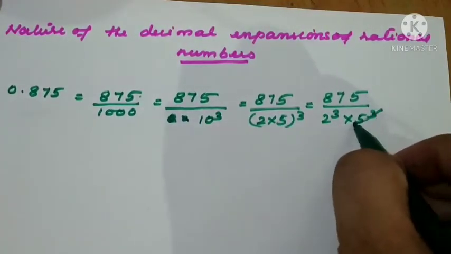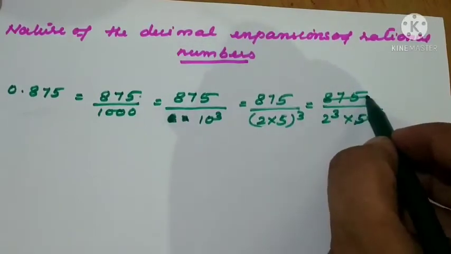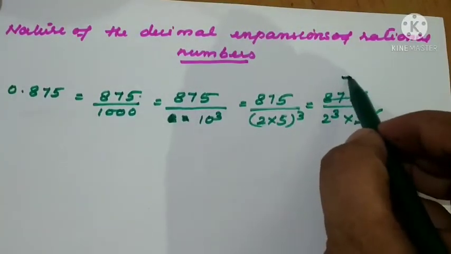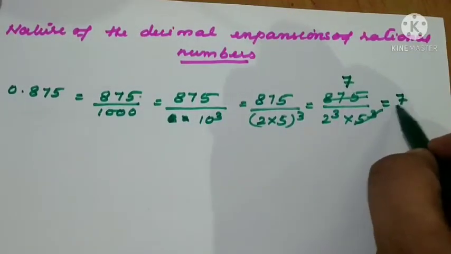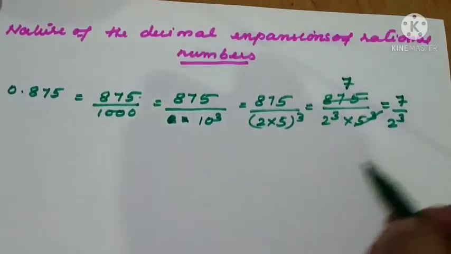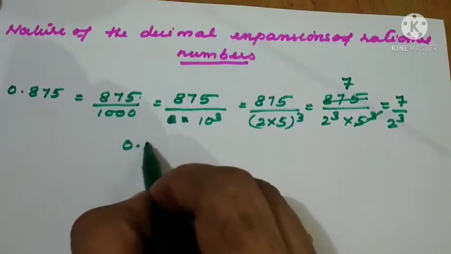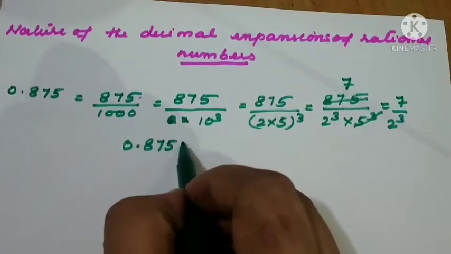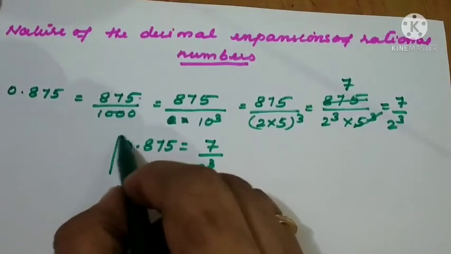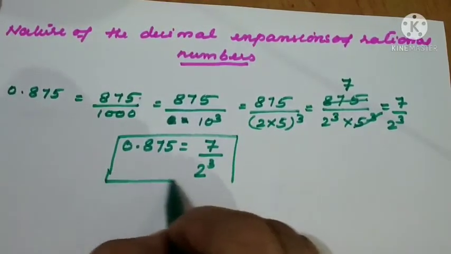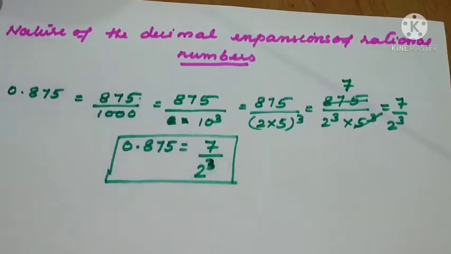When we cancel 5 cube, that is 125, in 875, we'll get 7 only. So we are getting the answer as 7 divided by 2 cube. Right? 0.875 we got as 7 by 2 raised to 3. Okay, first answer we got.